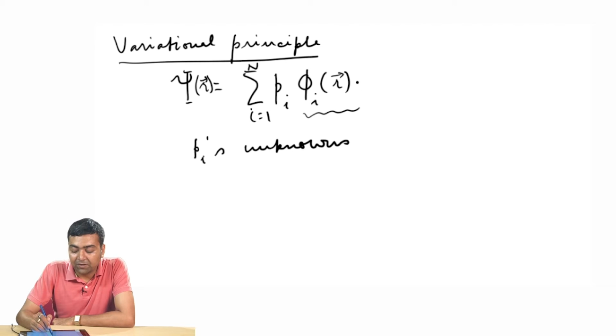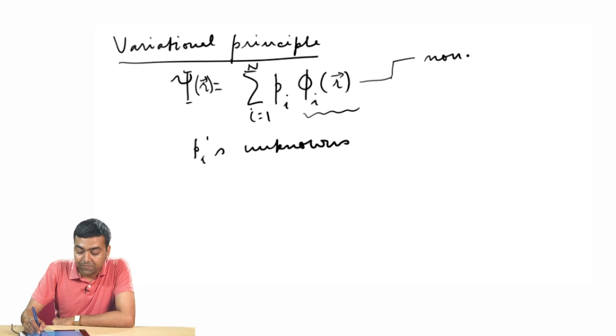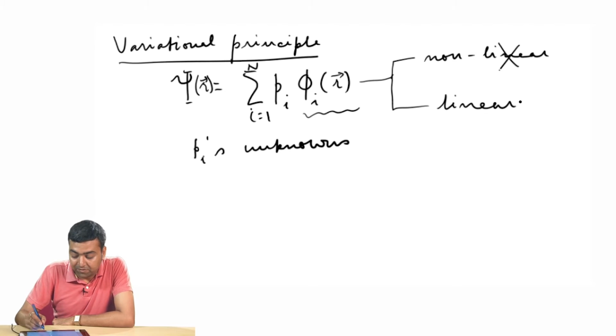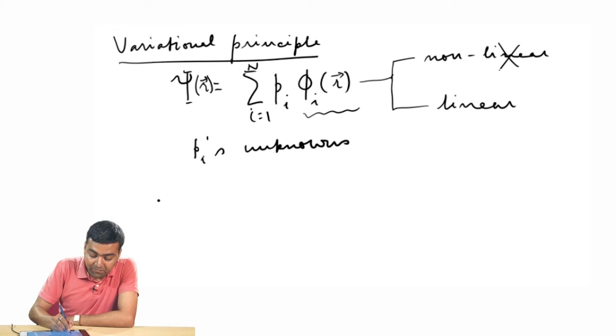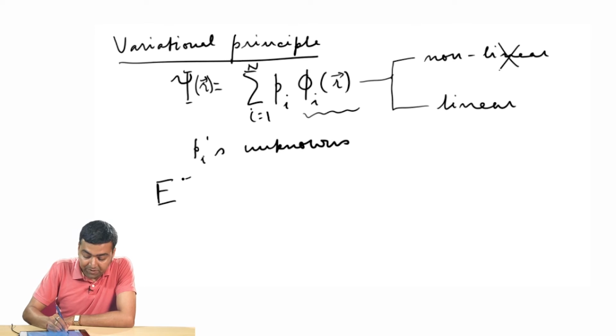Now, this expansion you can do as a nonlinear or a linear expansion, but if you do a nonlinear expansion, then this becomes a very difficult problem to solve. So, people typically avoid the nonlinear expansion and do a linear expansion of the wave functions. Once I have these wave functions, by the variational principle I can minimize my energy.